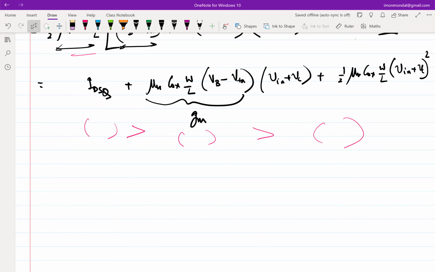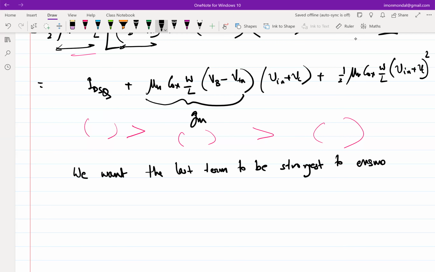So effectively, you would want the last term to be strongest, to ensure high efficiency.